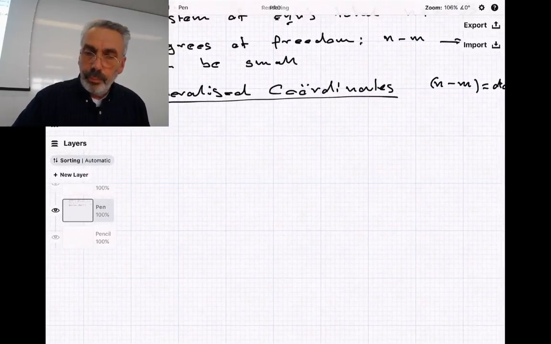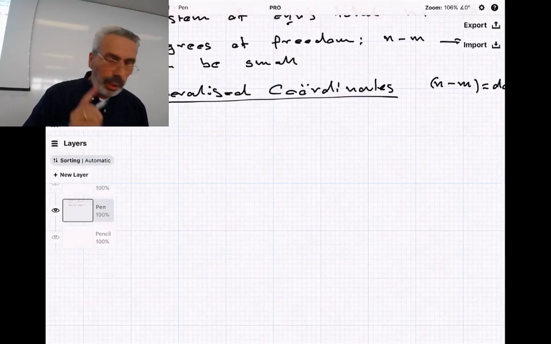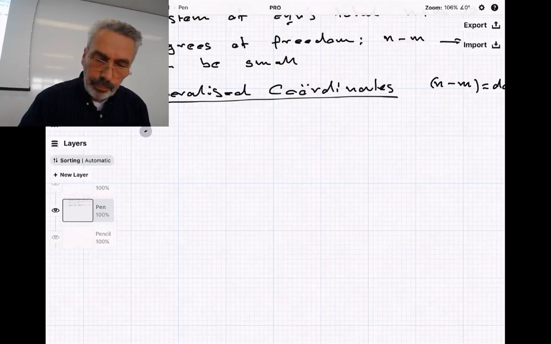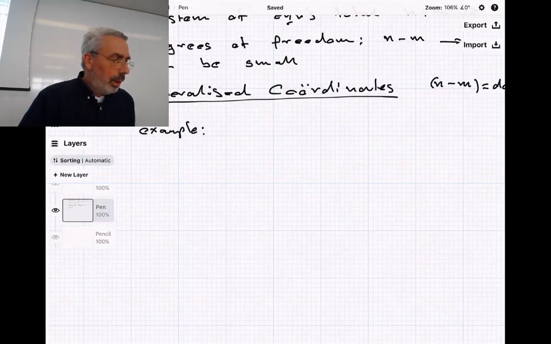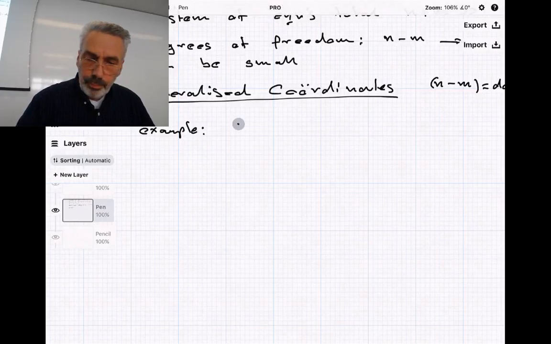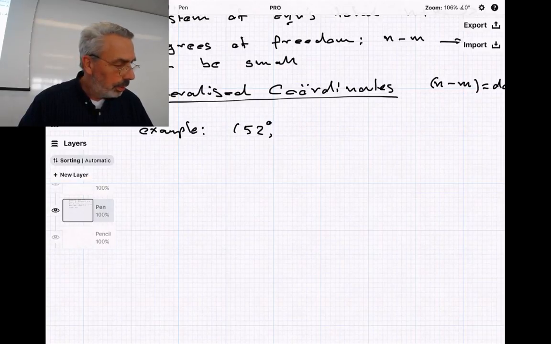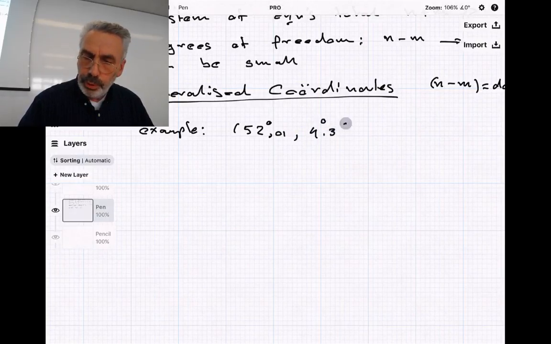Now, what are generalized coordinates? I have an example of a generalized coordinate, and that is 52.something, 4.36.